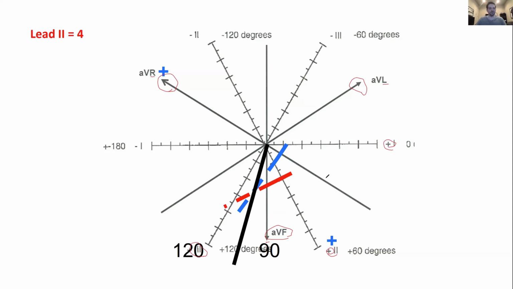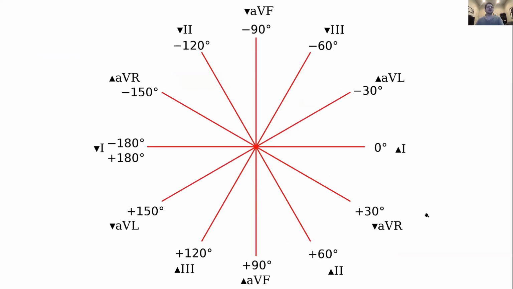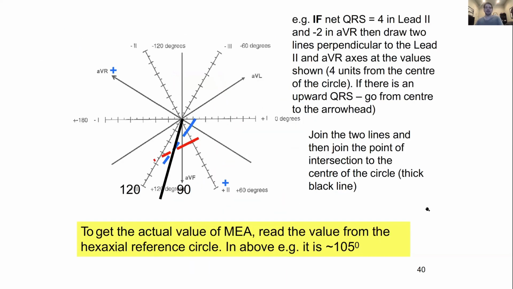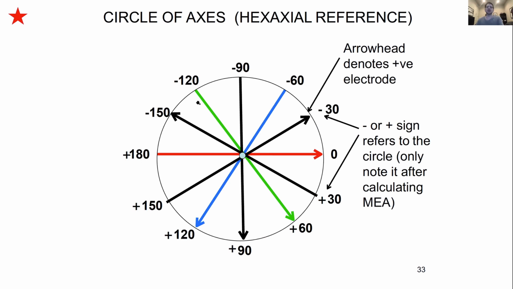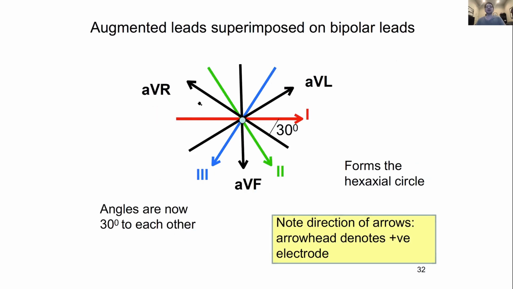If you lay this out, I'll see it still has the degrees. This one works. The arrowheads are the positive points.